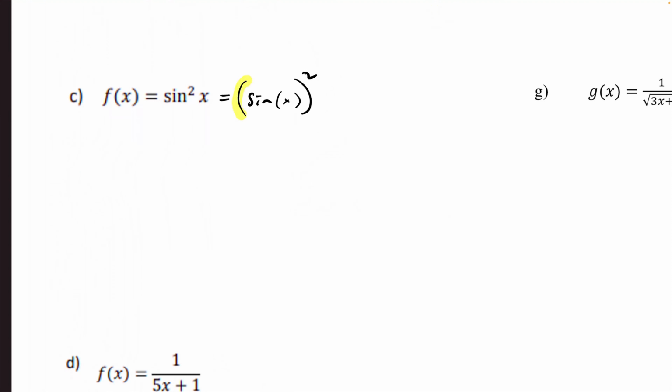So if I had something to the second power, whatever it was, the power rule said move the old power to the front, subtract a power. So it's just 1 now, right? Or you don't even have to write the 1. Rewrite what's inside.